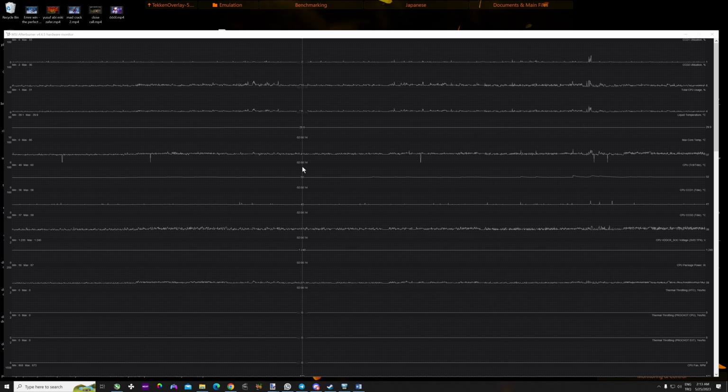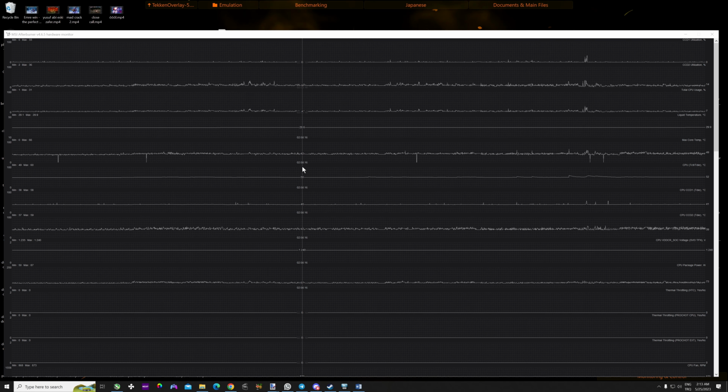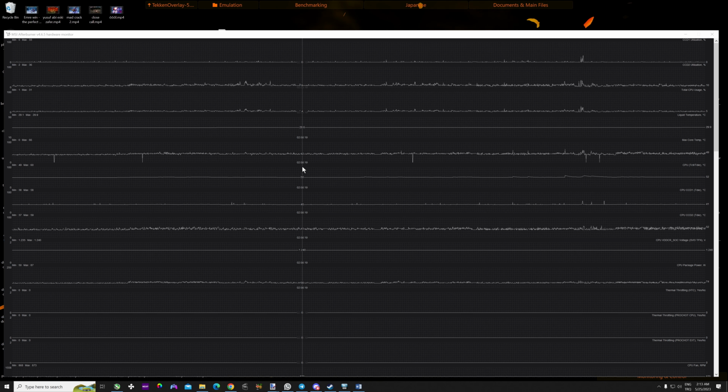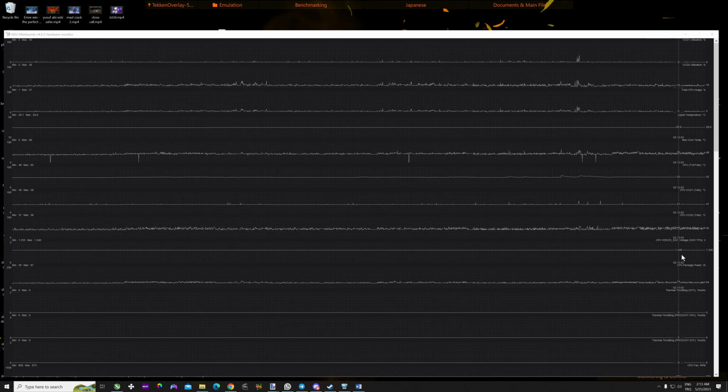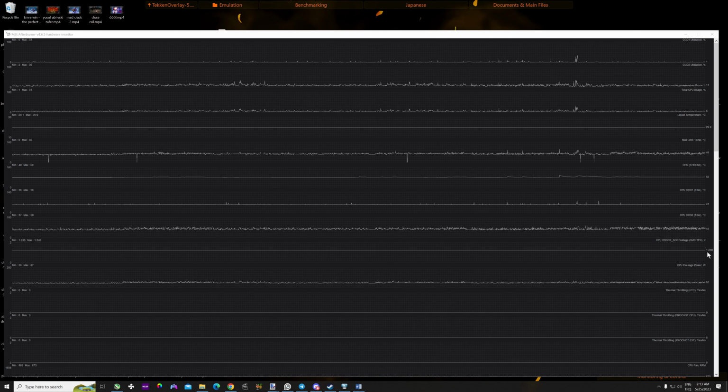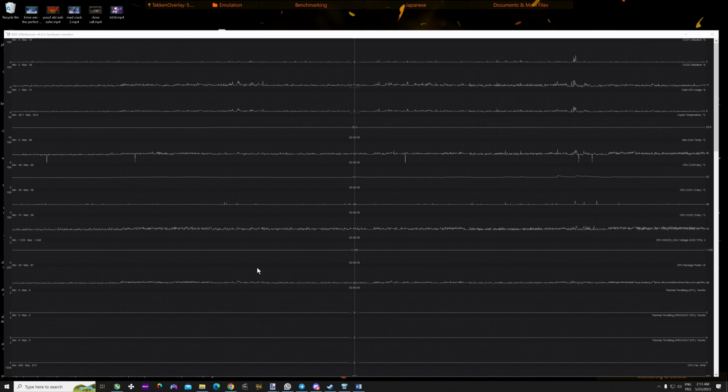So I have Expo enabled and some curve optimizer, and that's pretty much it. Nothing else that I changed. The VSOC is pretty much auto, and until now it has always been like this, 1.24, pretty much stable.